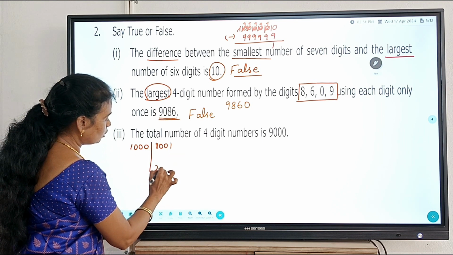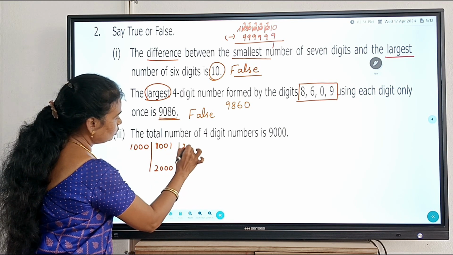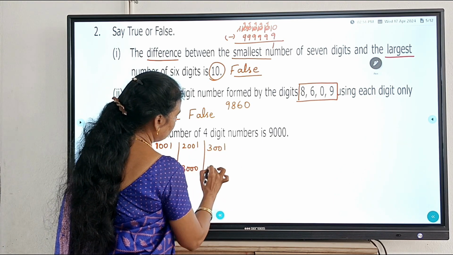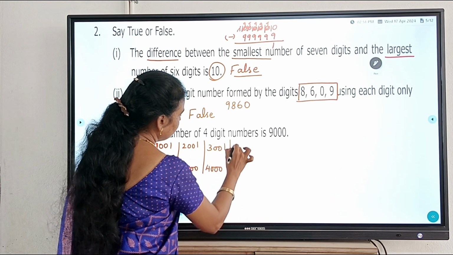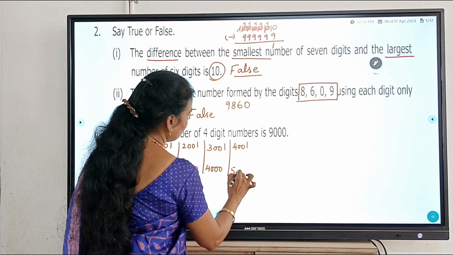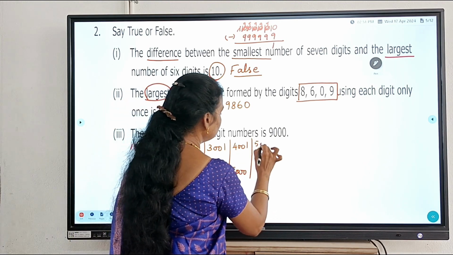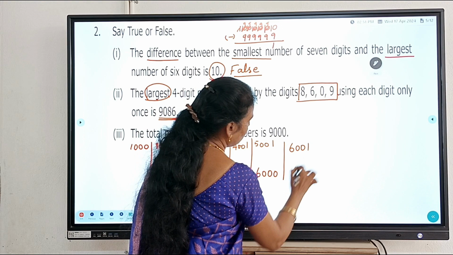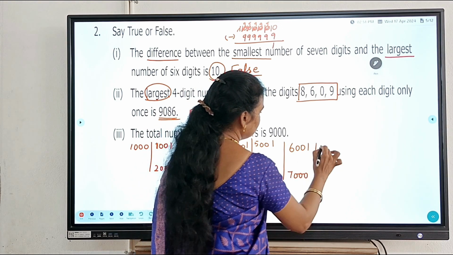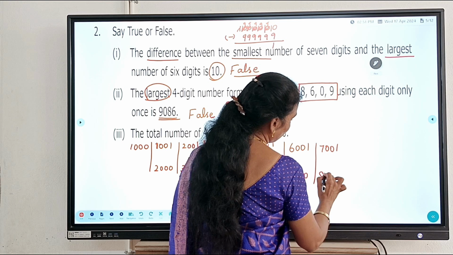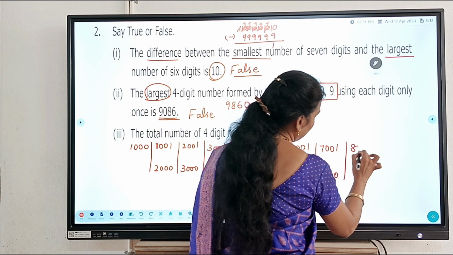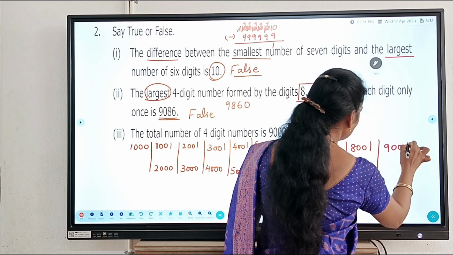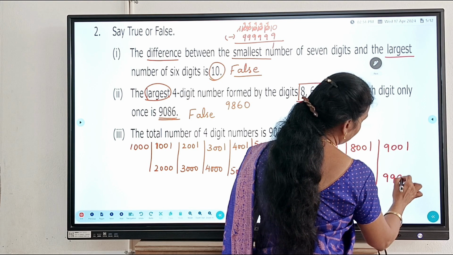1001 to 2000, 2001 to 3000, 3001 to 4000, 4001 to 5000, 5001 to 6000, 6001 to 7000, 7001 to 8000, 8001 to 9000, 9001 to 9999.